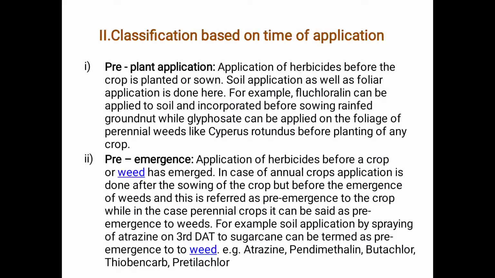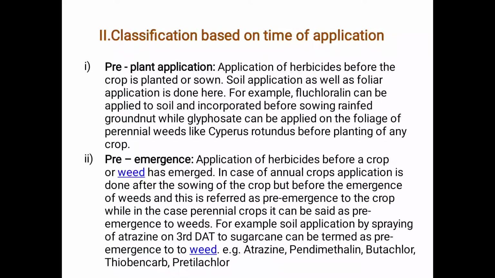Okay, next, classification based on time of application. First, pre-plant application. Pre-plant application means application of herbicides before the crop is planted or sown. Soil application as well as foliar application is done here.